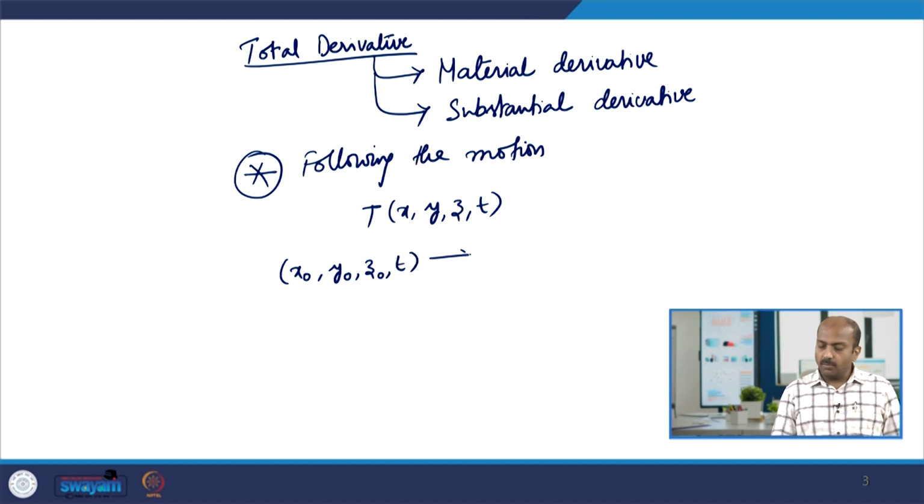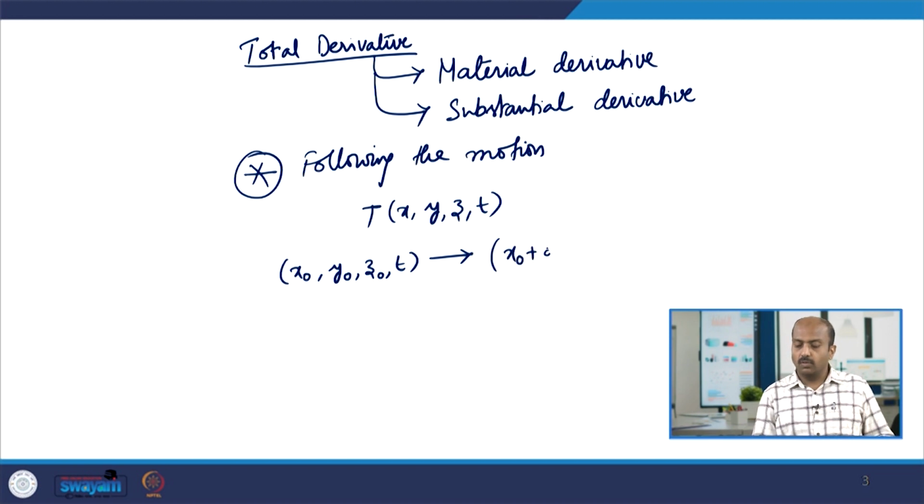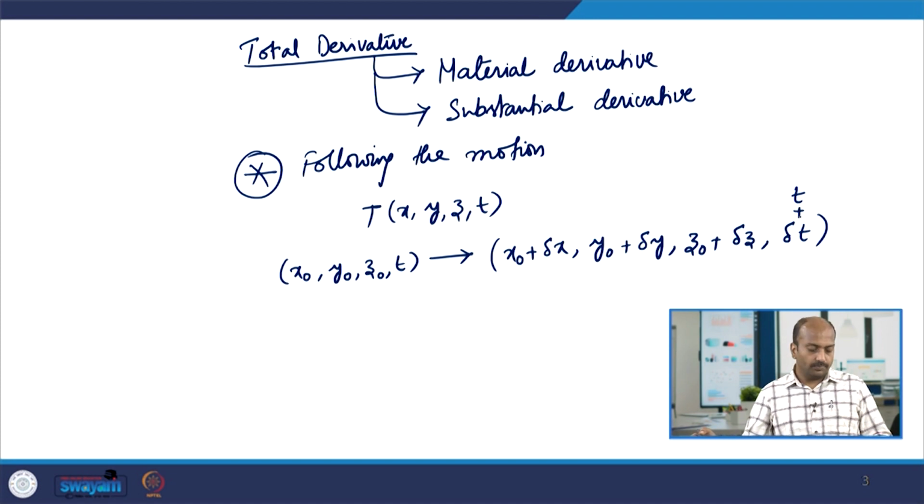Now, let us say you start at x0, y0, z0 and t, and after some time these quantities become x0 plus delta x, y0 plus delta y, z0 plus delta z, and time changes to t plus delta t.